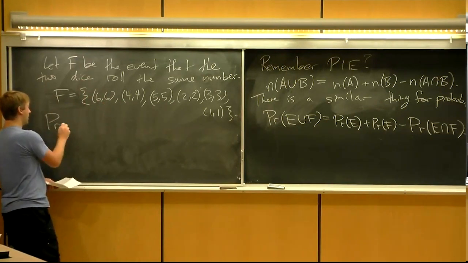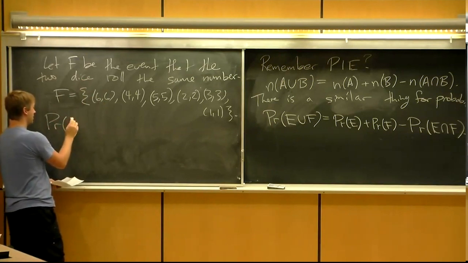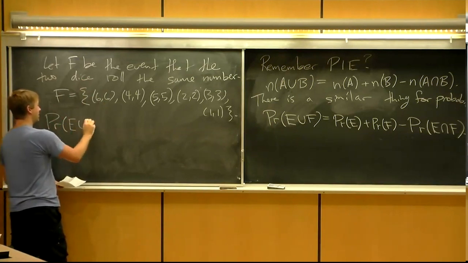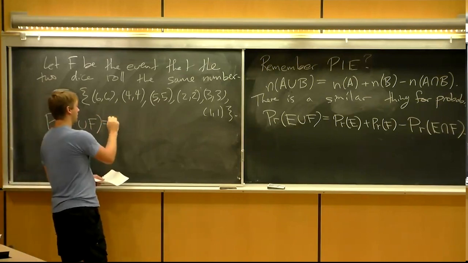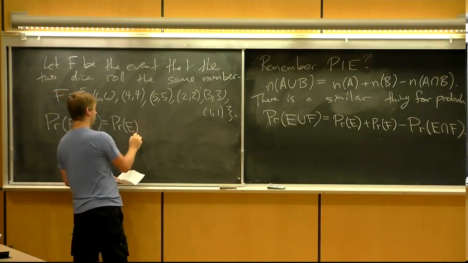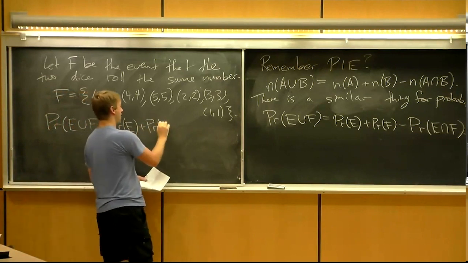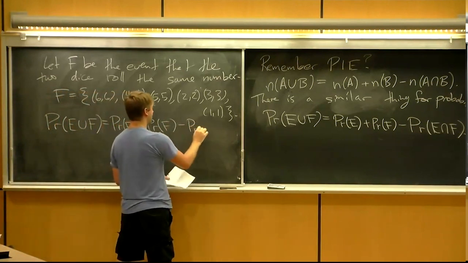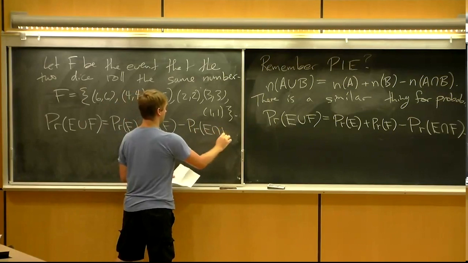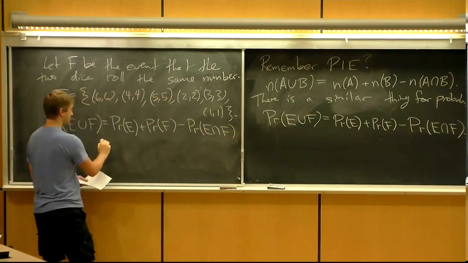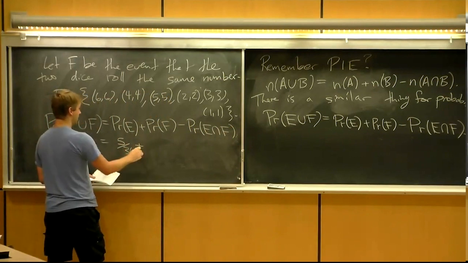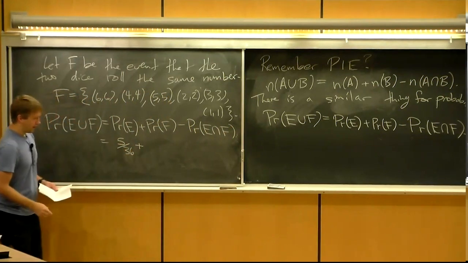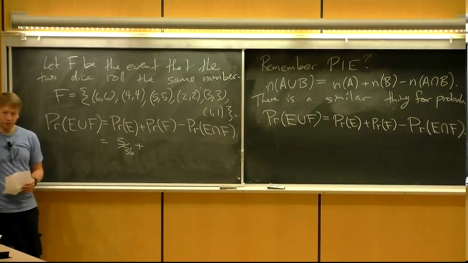Okay, so now, well, let's try to compute this. So the probability of E union F is the probability of E plus the probability of F minus the intersection. This one we already computed is 5/36. Does anyone see what the probability of F would be?